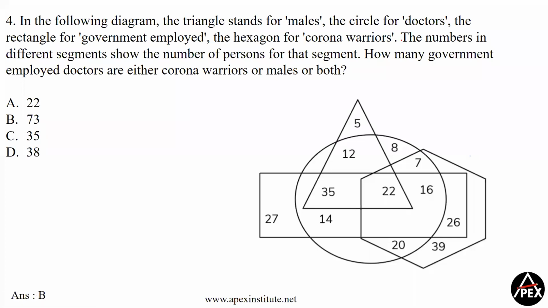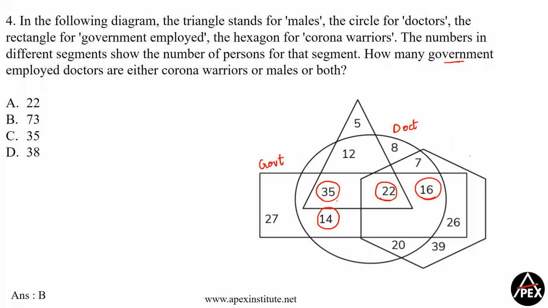Now, how many government employed doctors? First, let us find the common region between government employed and doctors. We have 35, 14, 22, and 16, because the circle represents doctors and the rectangle represents government employed.